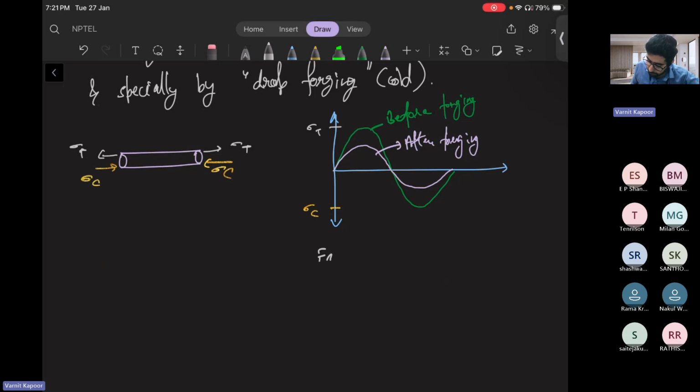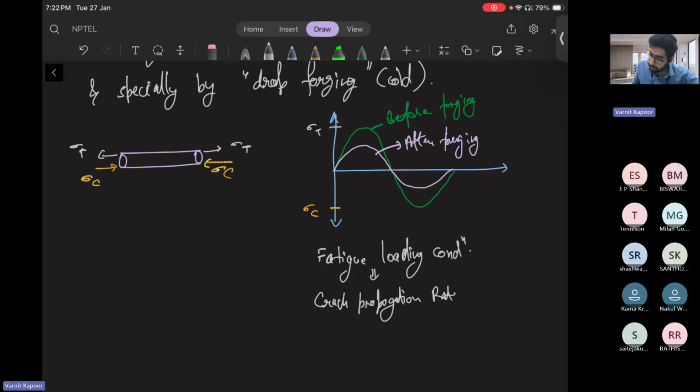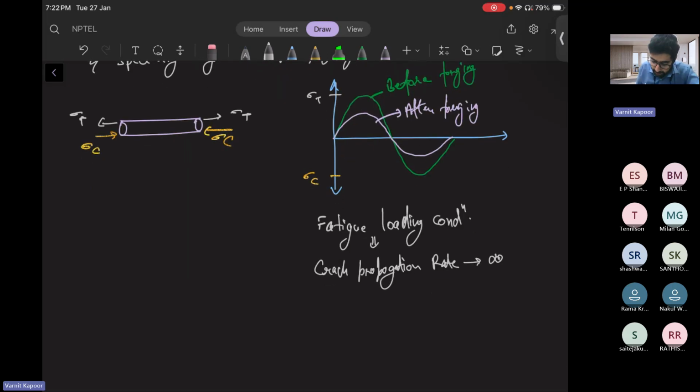This is your fatigue loading condition. So you can say that the crack propagation rate is nothing but infinite. Immediately the crack will propagate out. So you can say that initially your material was ductile, which was a steel alloy.